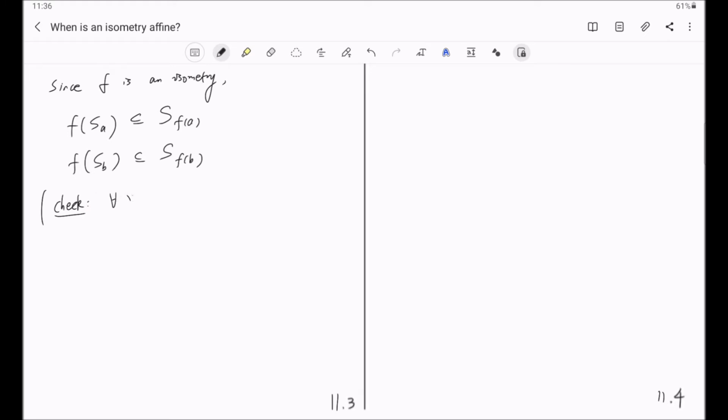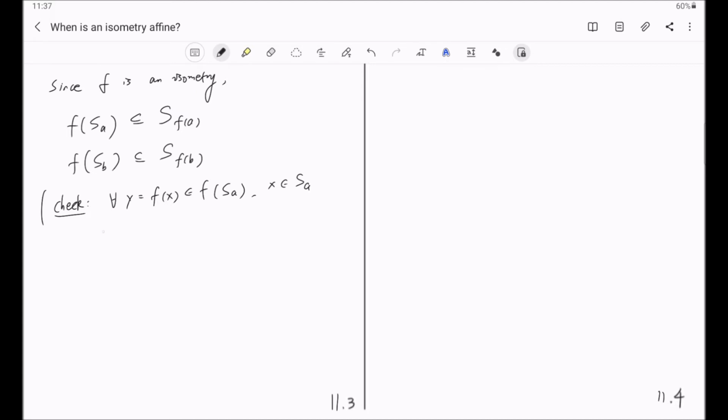For any y, which is f(x), that is in f of S sub A, for some x in S_A, we'll show that this y must be in S sub f(A).